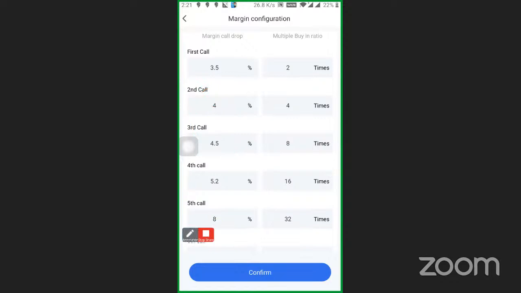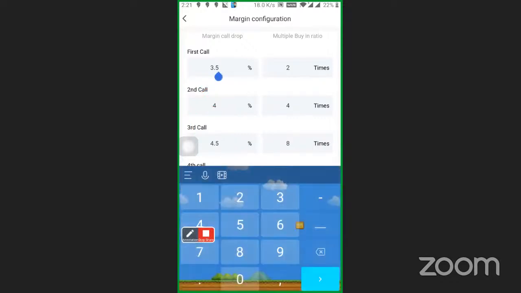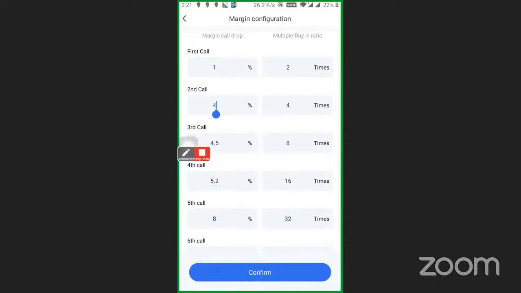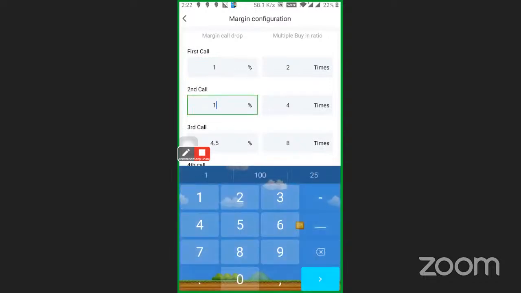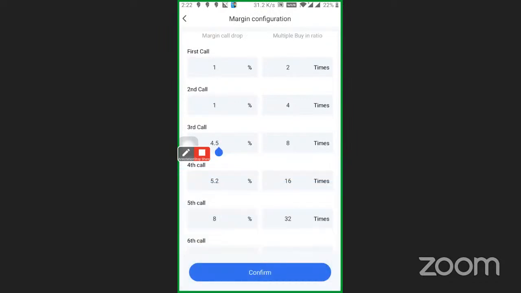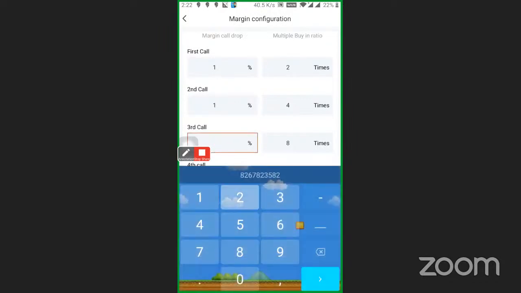So how can you do it? If I go and change it, you can note it down in your diaries and notepads. I can change it to 1%, because I want the robot to buy for me quickly. I don't want to wait for another 4% or 5% drop. I want the second call again 1%. Third call I can give 2%.